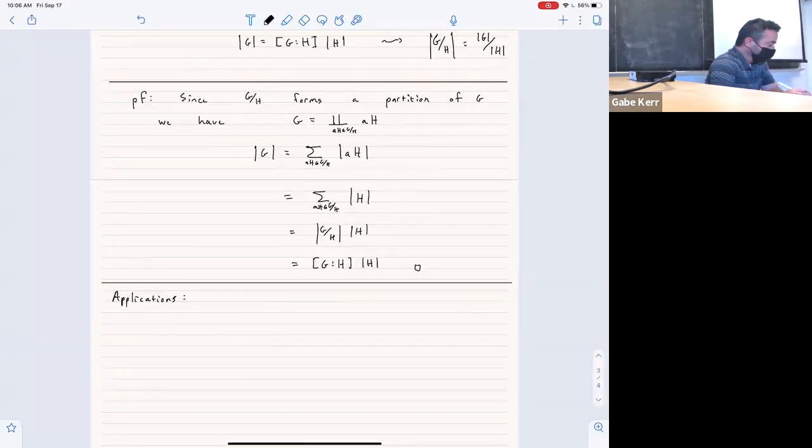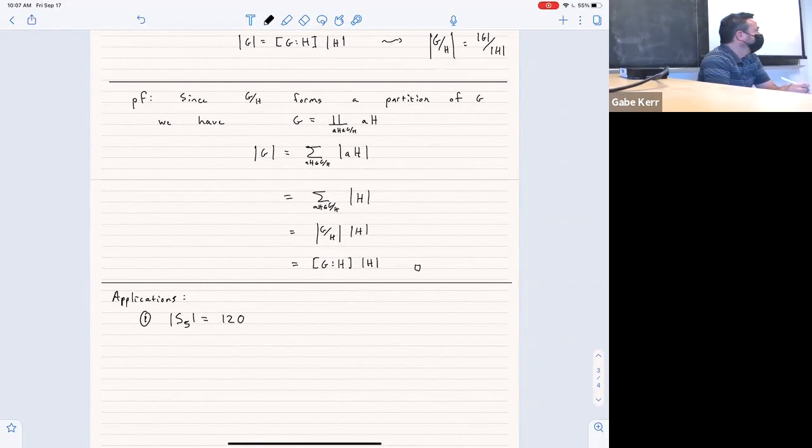Anyway, applications. Let's say you're interested in S5. This is just a silly application. How many elements does S5 have? It's 120, that's true, 5 factorial. So there's no cyclic order 7 subgroup, or 11.